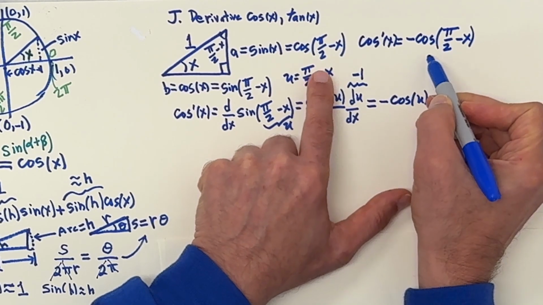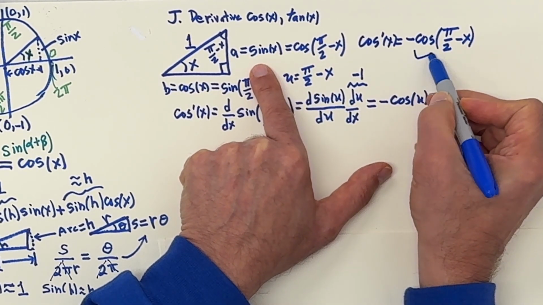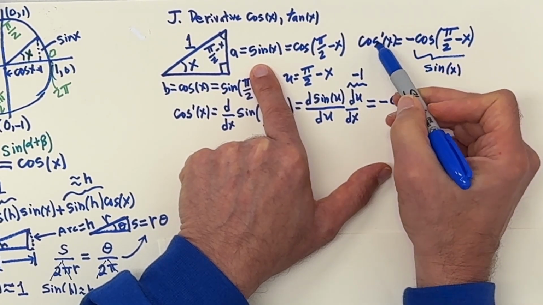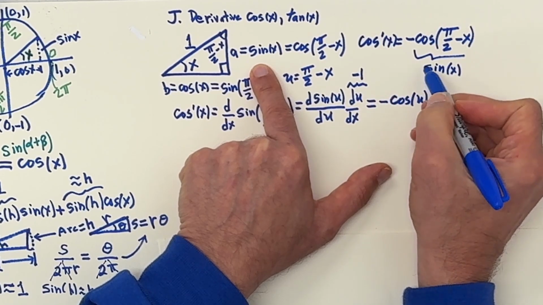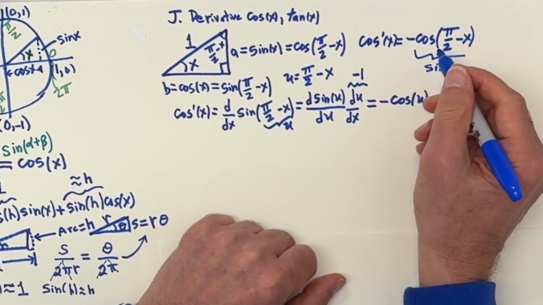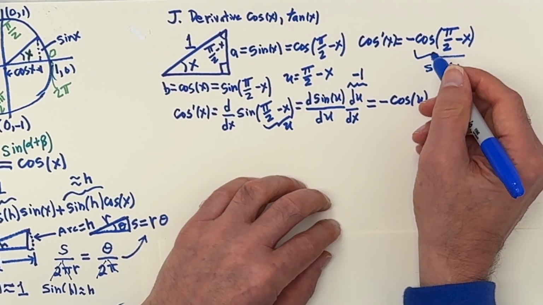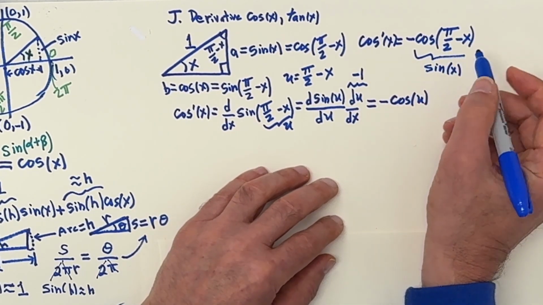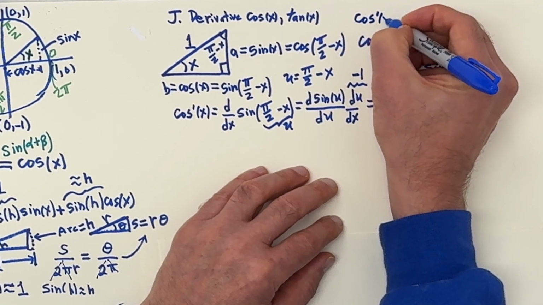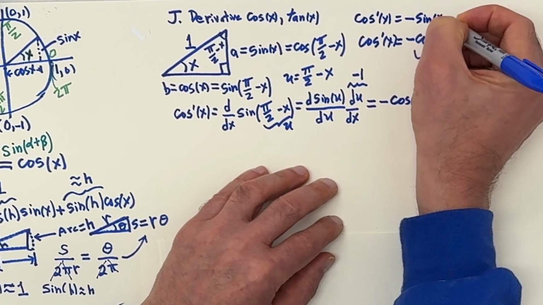All right, but now we know that the cosine of pi over 2 minus x, that quantity, that's simply the sine. And we have shown what we thought might be the case, that the derivative of the cosine is minus the sine. So, quite a short derivation compared to all the steps we did for taking the derivative of the sine. So let's go ahead and write this result down. The derivative of the cosine of x is minus the sine of x.